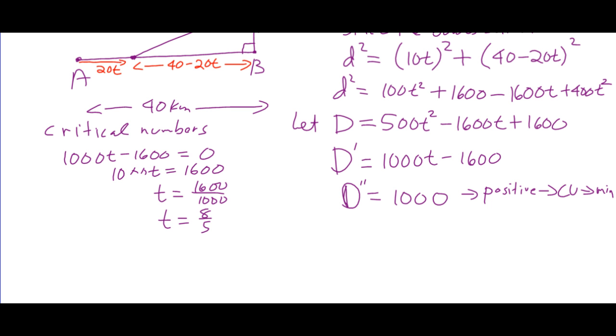So what were we supposed to find? Determine the time when the boats are closest together. Okay, so there's no other critical number, right? That's just it.